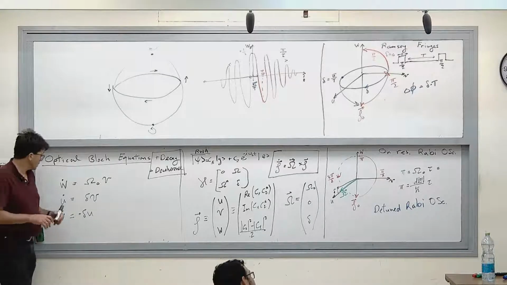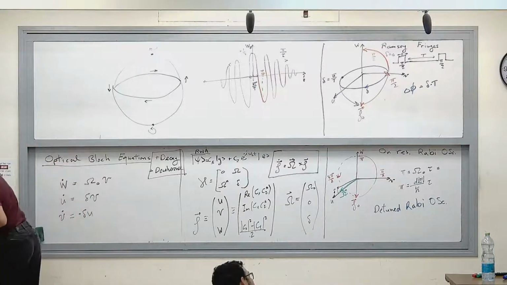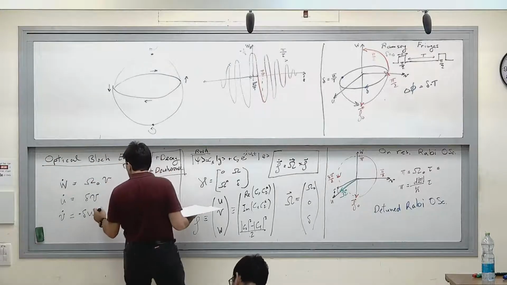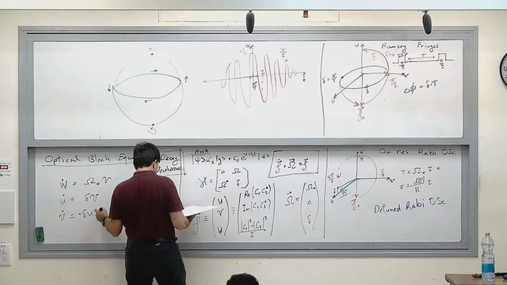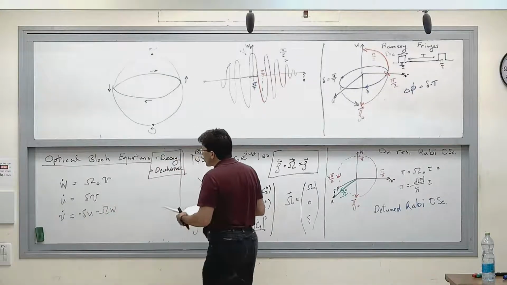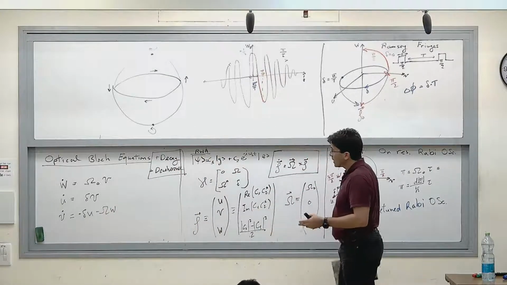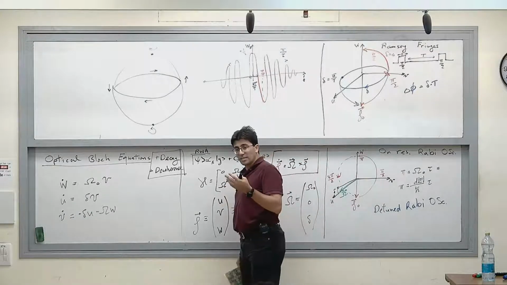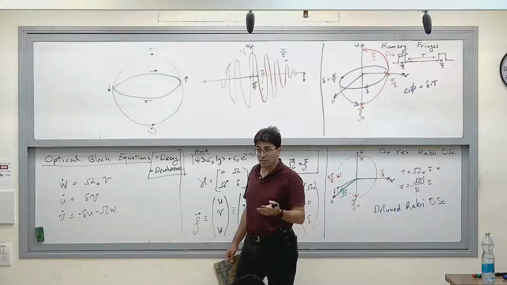Okay. So this is what we had. Minus omega W. Those are the equations that we had. And now we're going to put in some decay. As we said, this is phenomenological.